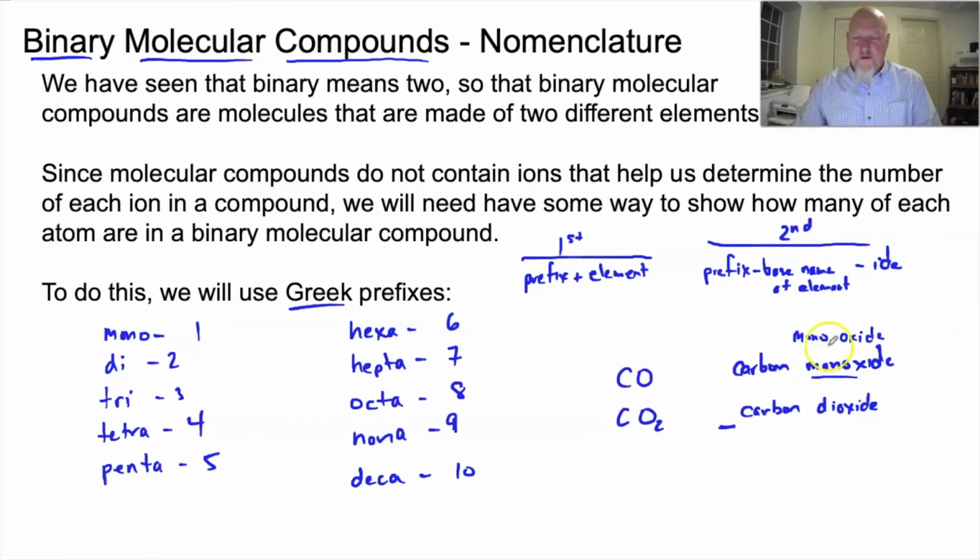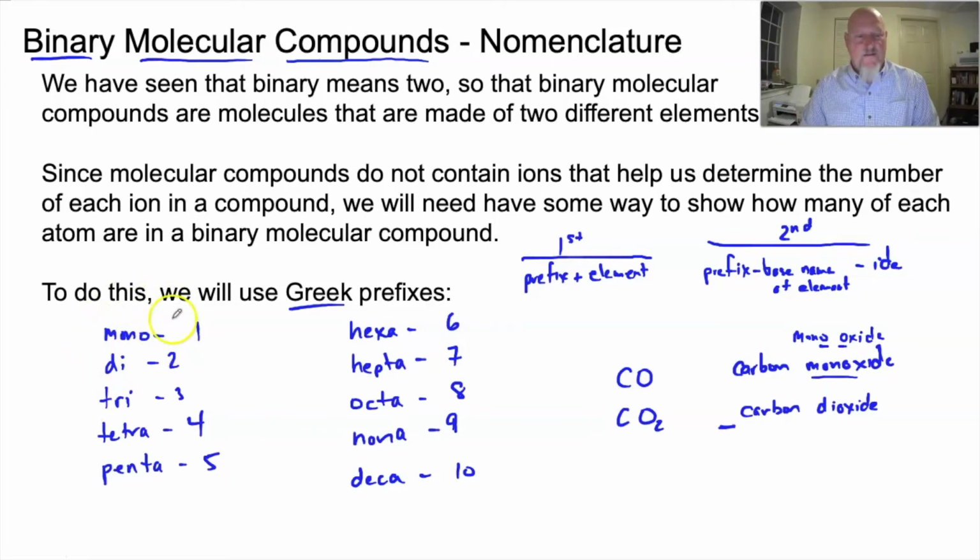But notice, if I was to put this together, it would be mono-oxide, so it would be monoxide with the OO in the middle of it. If we have oxygen as our second element or our first element, and the prefix ends in O or A, we drop that letter.